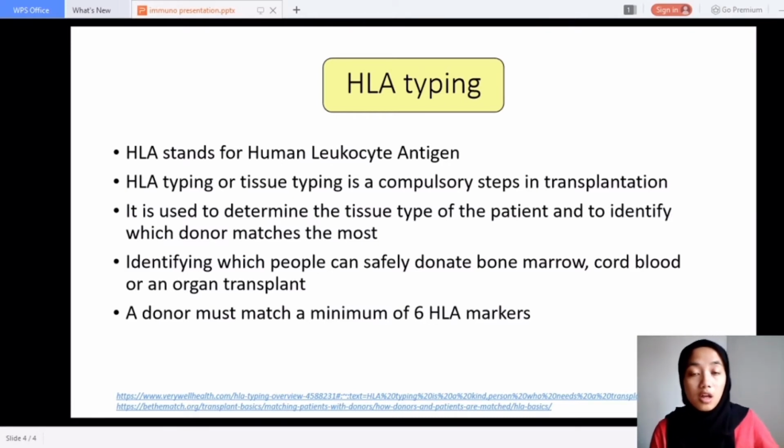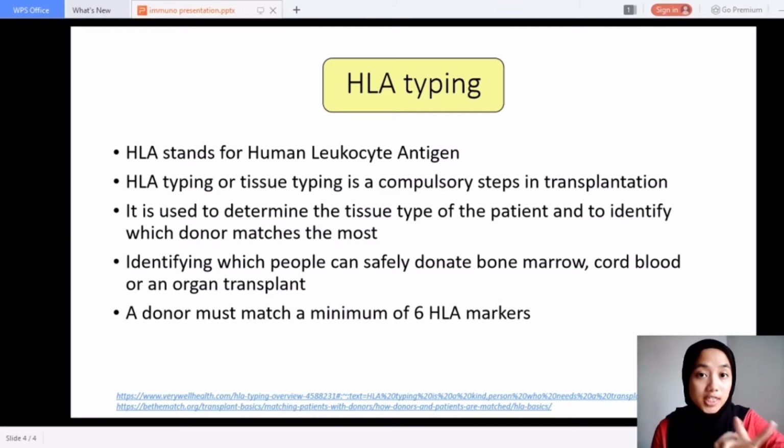For example, a patient of group AB can receive blood from blood group A, blood group B, and blood group O.